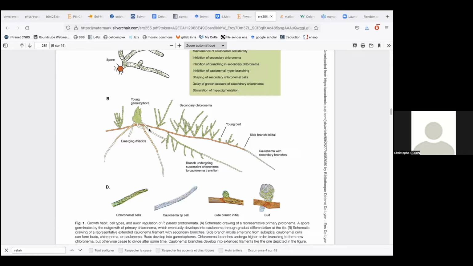So from the protonema that I was showing before, a bud is initiated, and then it's going to grow with a stem and leaves and branch, and the sexual organs are going to develop, and when they are fertilized, there is the sporophyte that's going to grow. It doesn't look anything like the rest.